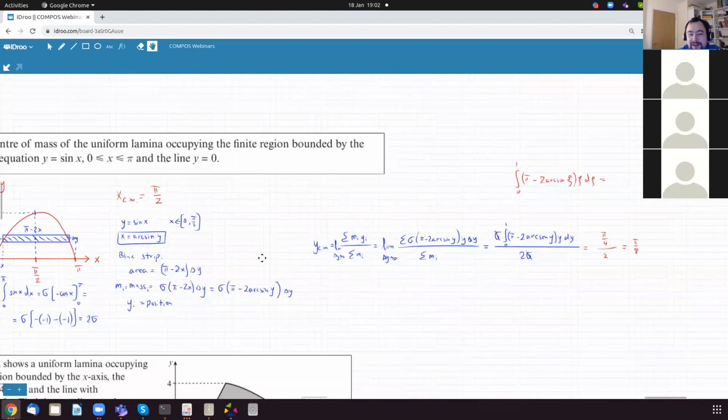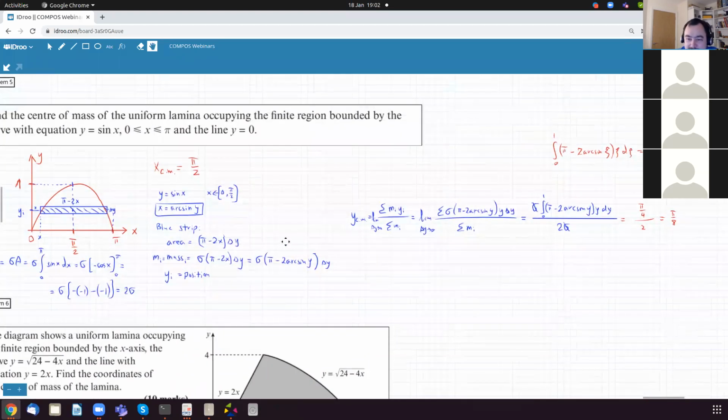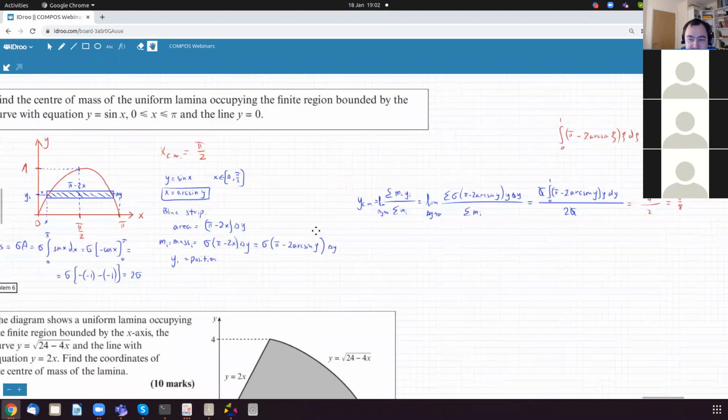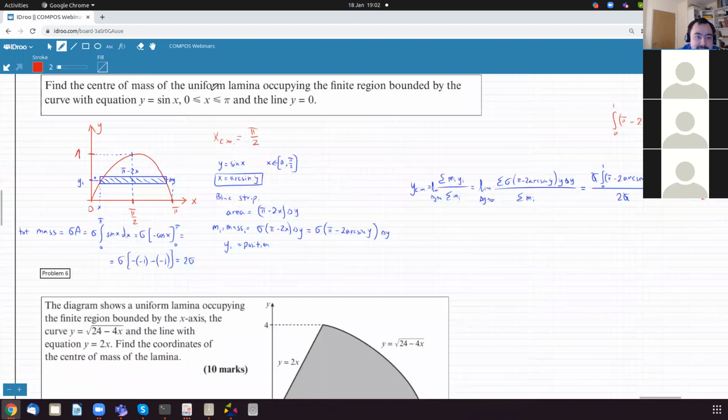When you're expecting pi, divide the answer by pi and see if it gives you something nice. So it's pi over 8. So x center of mass is pi over 2, and y center of mass is pi over 8.